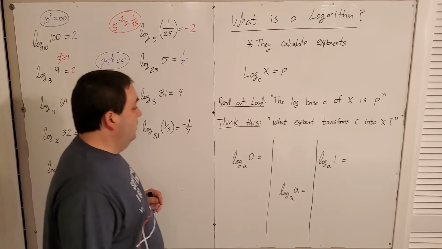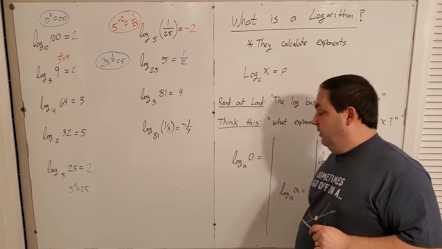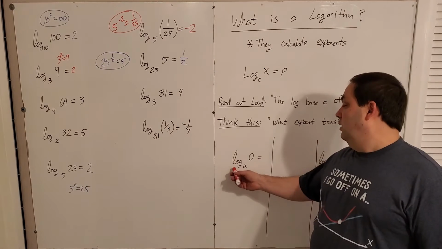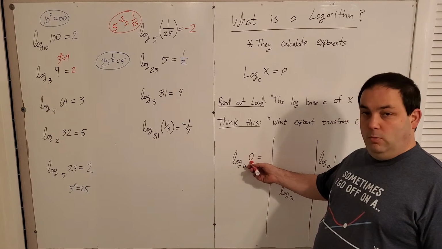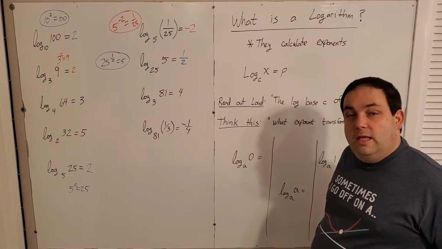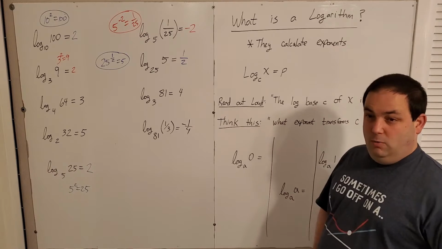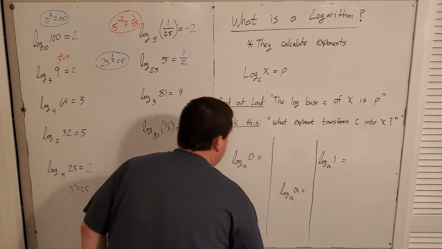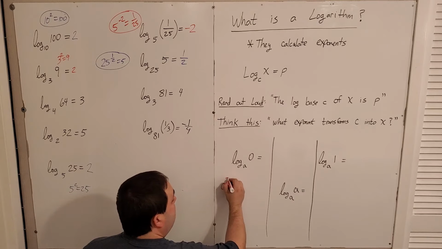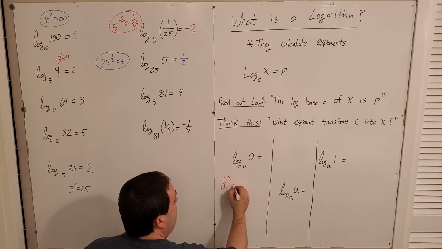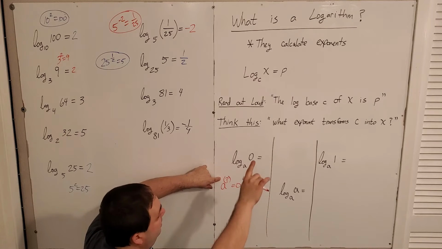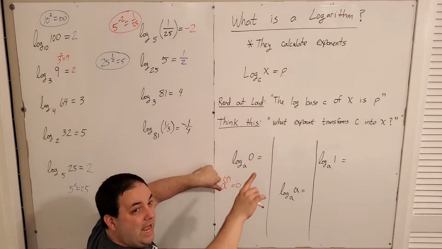All right, so some other basic ideas behind logarithms are going to be some of these special rules that come up. The log base anything of 0. Okay, well, you got to be careful here. Logarithms, a lot like division, can't handle 0. Okay, because you're asking this question: the a, raised to what power equals 0? Okay, think back to your exponential functions. Remember, they never actually hit the axis. They had an asymptote.